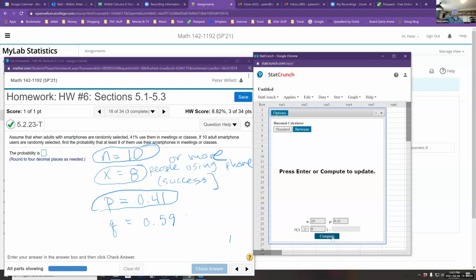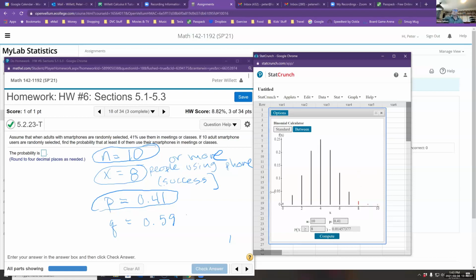And then it'll do it for us. Now, the nice thing is it shows you graphically. It'll highlight in red the values that are at least 8: 8, 9, and 10. And those 3 together, all added up, produce this probability. It looks like there's a 1.5% chance of getting 8 or more people that use smartphones, if individually there's only a 41% chance and you look at 10 of them.